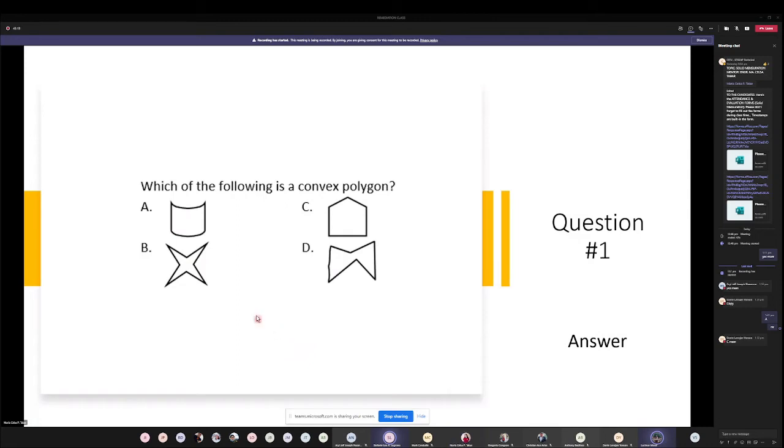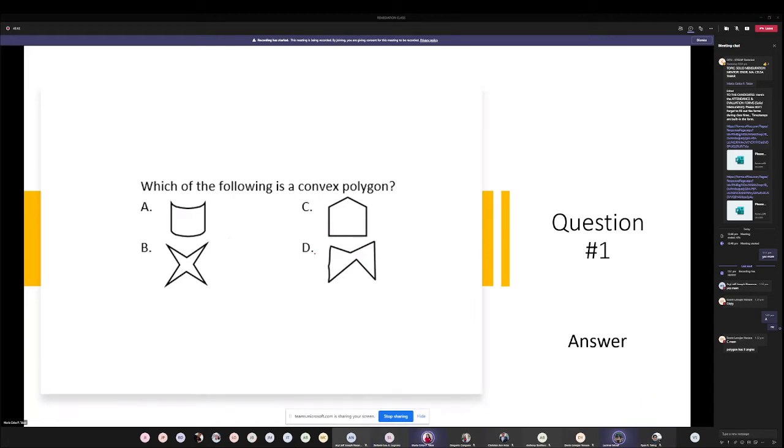Letter B. Okay, letter B. What's the definition of a convex polygon? Does it have to be an angle that is greater than 180 degrees? Each interior angle shall be less than 180 degrees. Okay, less than 180.